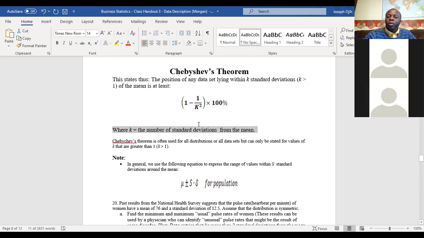And what is K anyway? K simply means the number of standard deviations. So at least 1 minus 1 over K squared, times 100%, of the data will lie within that distance.